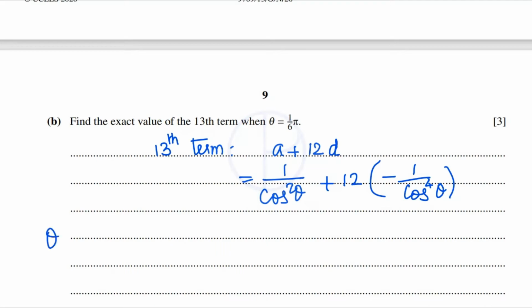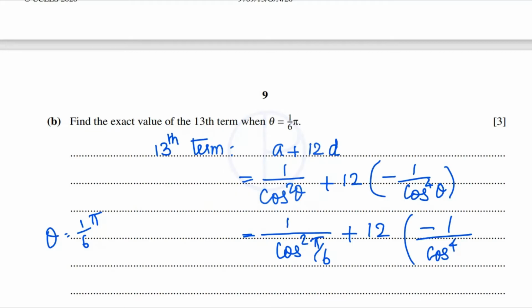So theta is given as 1 over 6 multiplied by pi. So 1 over cos square pi over 6 plus 12 times negative 1 over cos power 4 pi over 6.